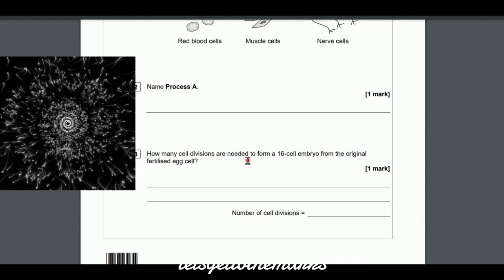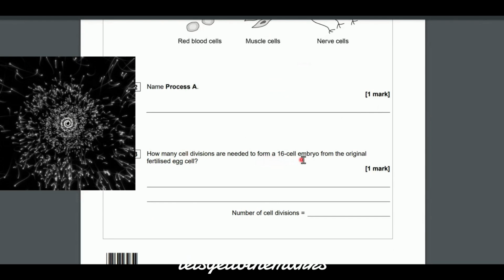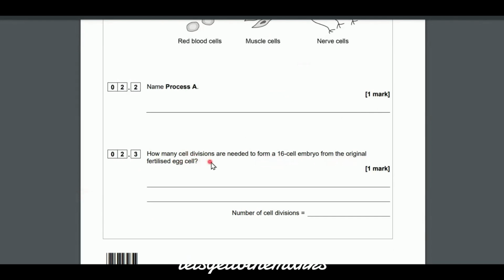How many cell divisions are needed to form a 16 cell embryo from the original fertilized egg? This is just a quick maths one for you. So pause, have a go. You're really looking at one cell splitting into two cells, and then each of those cells is going to split into two cells. If we keep going, how many divisions before we get to 16 cells?